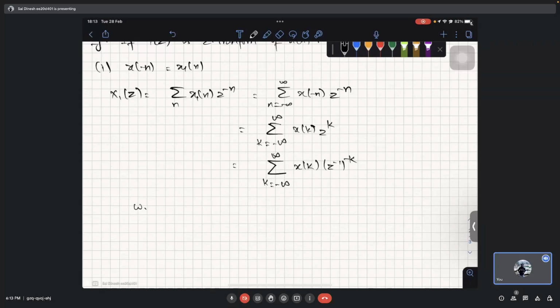Now we know that X(z) is equal to the sum over n equal to minus infinity to infinity of x(n) z^(-n).